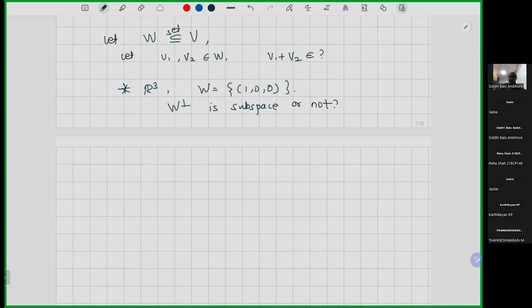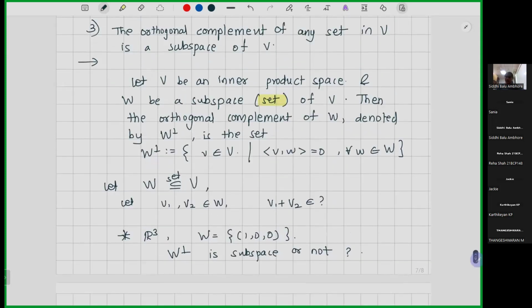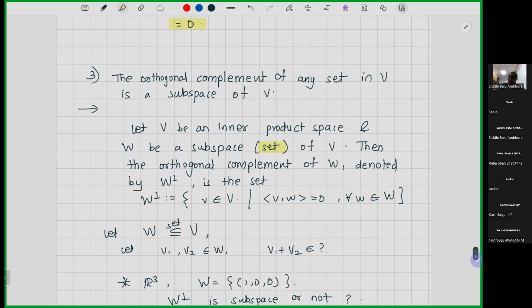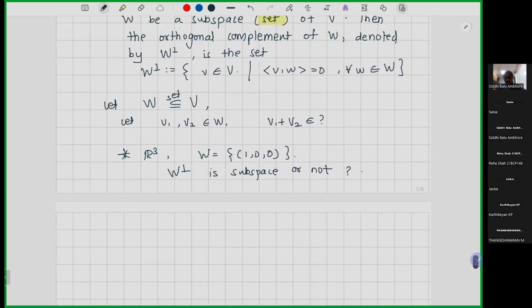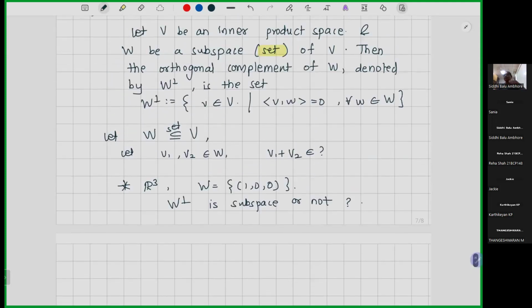They are asking for any given set and not just a subspace. Now, what is your guess? I think W perp is a subspace, ma'am. Yes.